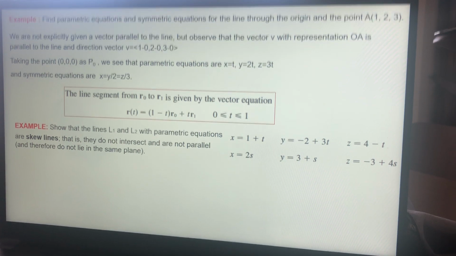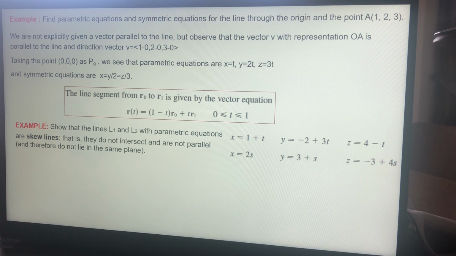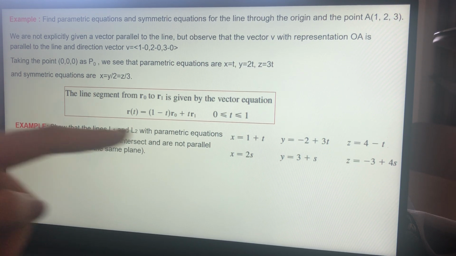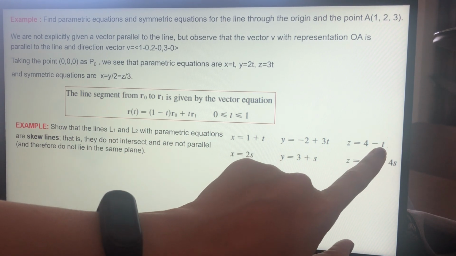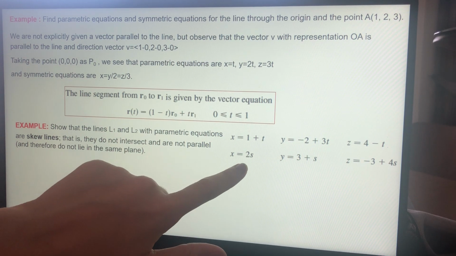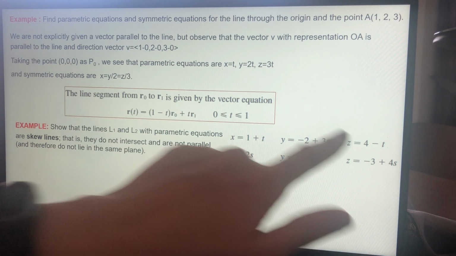To check parallelism, it is easy. What you need to do is check the directions. If the direction vectors are multiples of each other, then they are parallel. If not, they are not parallel. The direction of the first one is (1, 3, -1). The other one is (2, 1, 4).